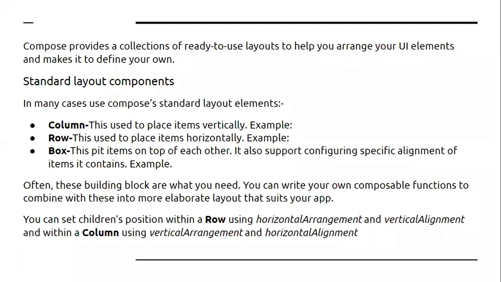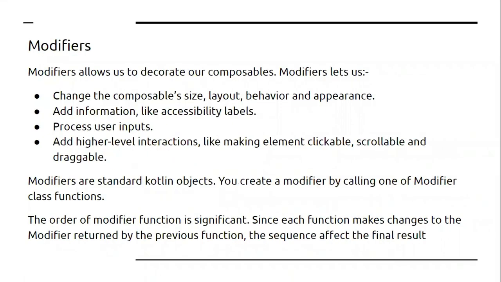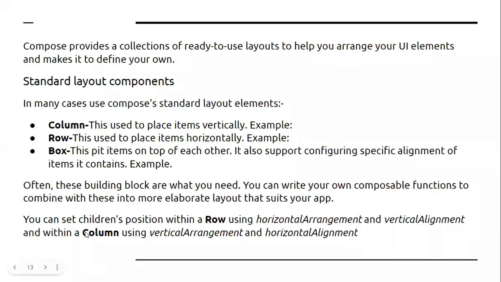Often these building blocks are what you need. You can write your own composable function to combine them into a more elaborate layout that suits your application. We also have modifiers. You can also set children position within a Row by using the horizontalArrangement property in the Row.